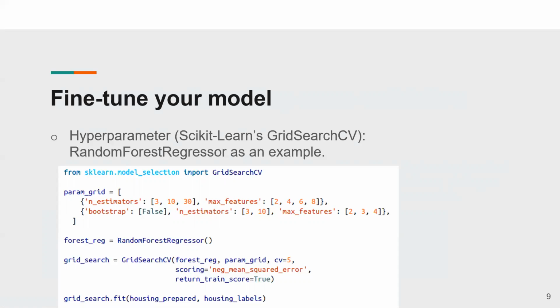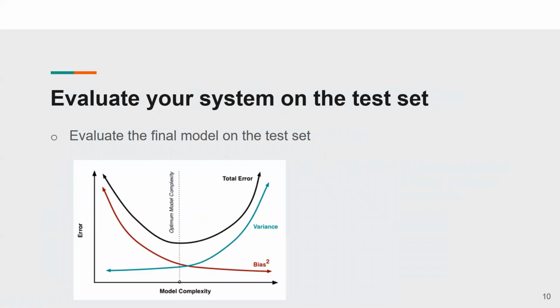And this is also going to be one of the homework, so you would be able to experiment on this part. Of course, you could also evaluate your final model on the test set, just as we mentioned earlier, to find the optimal model that balances between bias and variance.